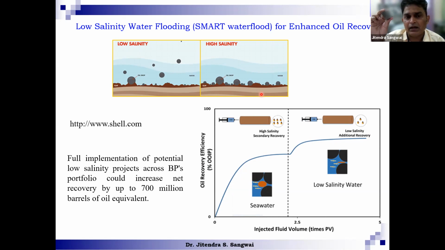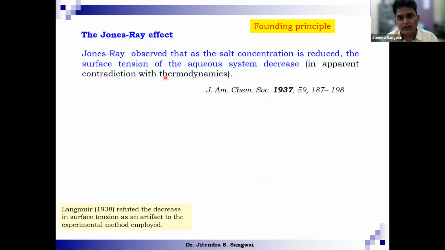And how do we recover the oil that is there in the reservoir, right? If you try to tune the salinity, you can actually pull out some of the oil droplets from the surface and increase the recovery. The founding principle of this low salinity water flood relies on a paper published by Jones and Ray in the year 1937, which observed that if we tune the salt concentration, and primarily if you reduce it, it can decrease the surface tension of the aqueous system.